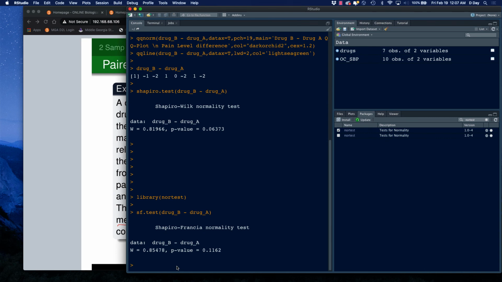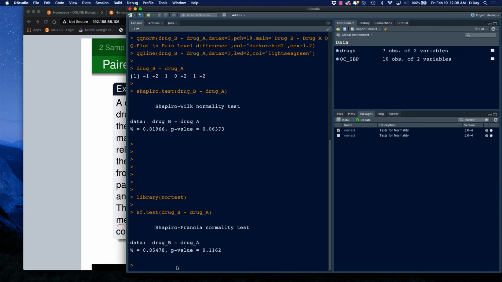And that one tells me the p-value is a little bit different. So it really depends on the type of normality test you're running. You may get differing results. This one right here tells me that I'm okay with it being normal in this case.